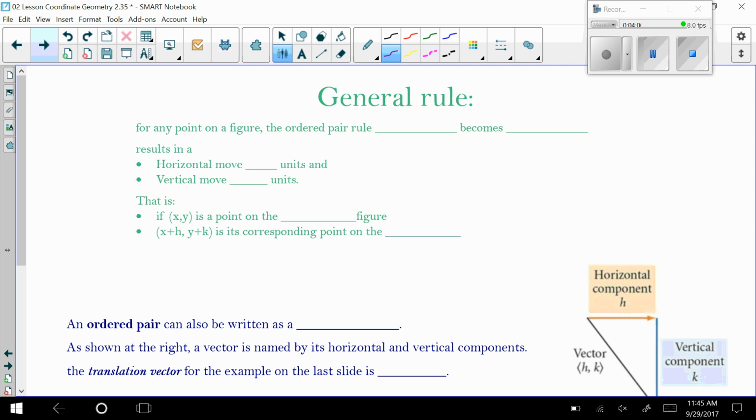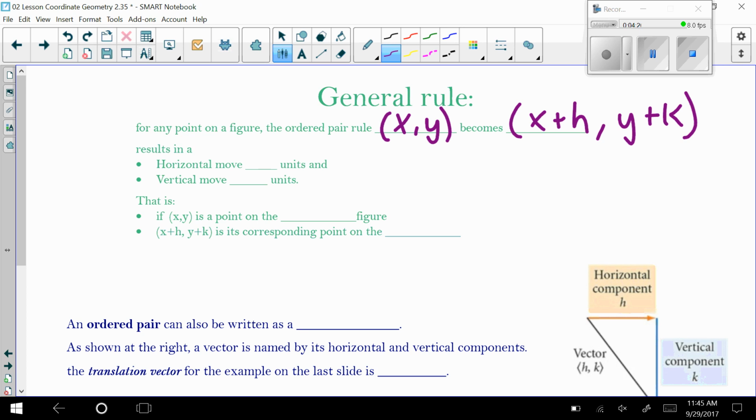So for a general rule for a translation, for any point on a figure, the ordered pair rule x, y becomes x plus h, y plus k.